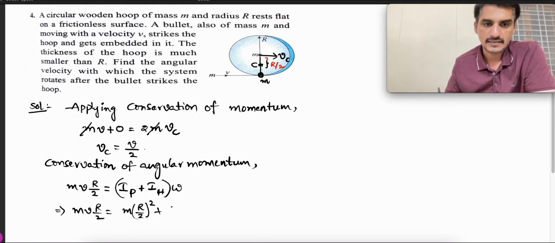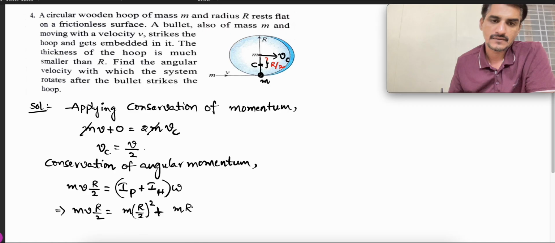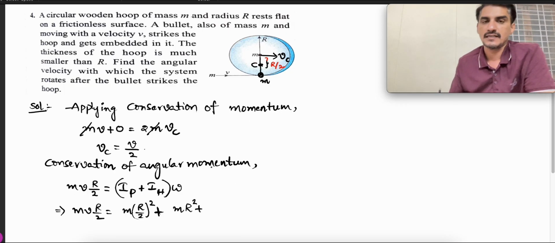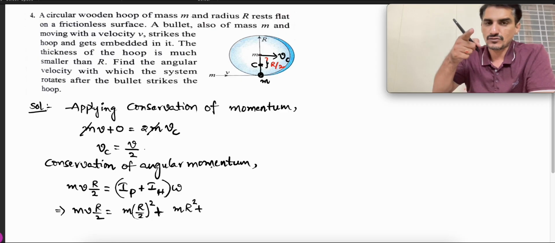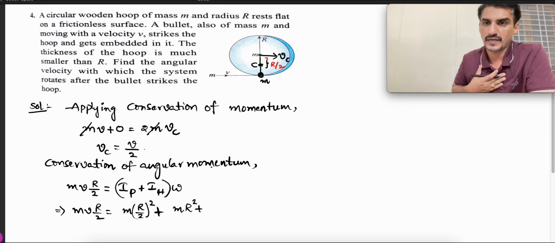How to write that? That is according to parallel axis theorem. That is first IC. What is IC here? M R square plus, okay, now IC plus MR square. What is that? Perpendicular distance between those two axes. The axis which is passing through center of mass is 1. Center of mass is 1. That is what we have to find.